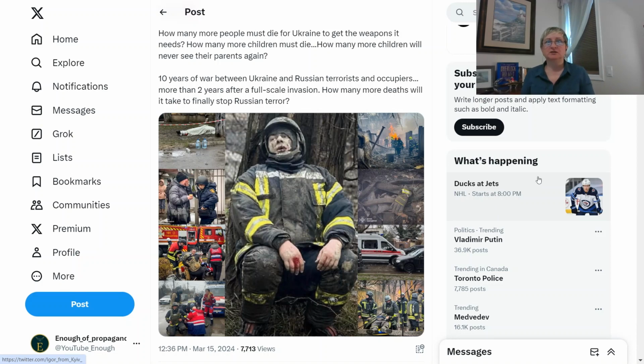Prepare for setbacks and obstacles along the way, while remaining steadfast in your commitment to achieving freedom and justice for your country. Foster a culture of solidarity and mutual support within the resistance movement, emphasizing the importance of unity and cooperation in the face of adversity. Celebrate small victories and milestones to maintain morale and momentum throughout the struggle.